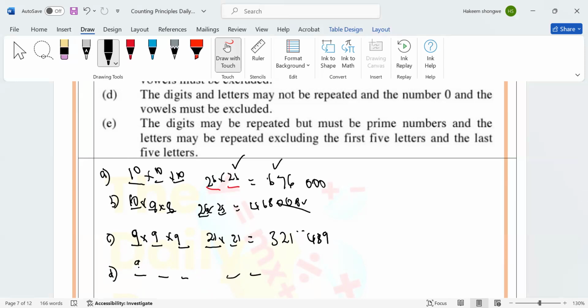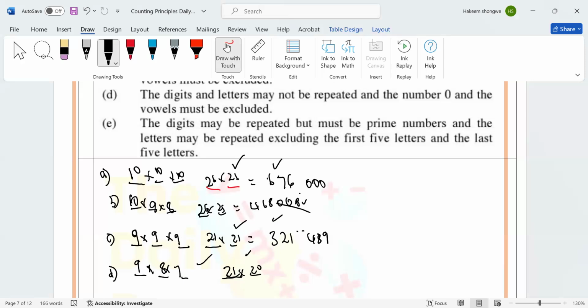So this one is 9, multiplied by 8, 7. And then we have 21 multiplied by 20. They say repetition is not allowed. The digits and the letters may not be repeated.